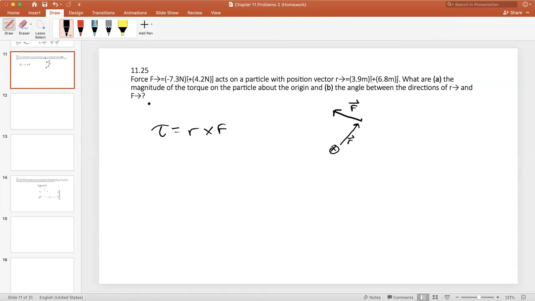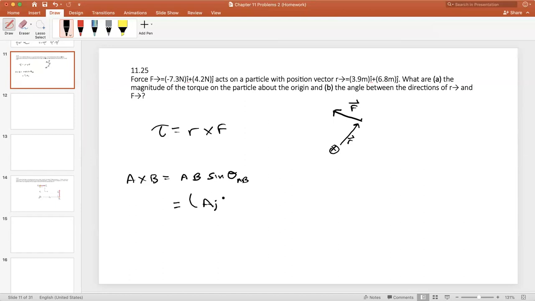If we go back and remember that A cross B in terms of vectors is AB sine of the angle between A and B, it's also equal by the cross product to a bunch of things. Essentially, it's equal to the perpendicular part of each vector multiplied together.